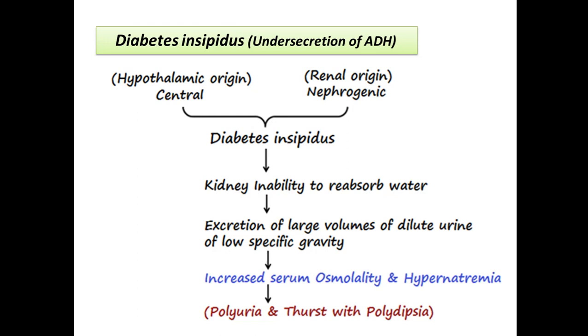And when there is less water, the sodium content in the plasma will become more concentrated due to less amount of water. And this condition is known as hypernatremia. In diabetes insipidus, due to lack of ADH, there will be polyuria, increased excretion of dilute urine, and automatically it will lead to stimulation of the thirst center and polydipsia or increased intake of water.